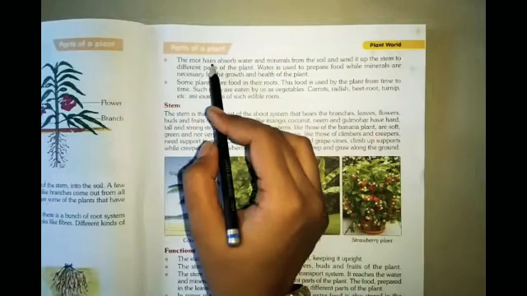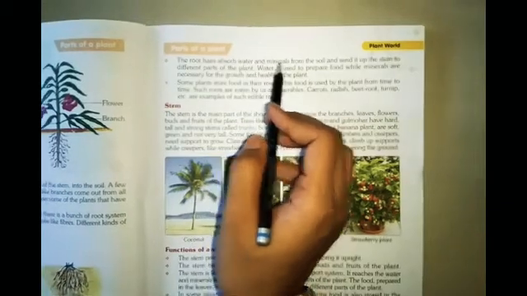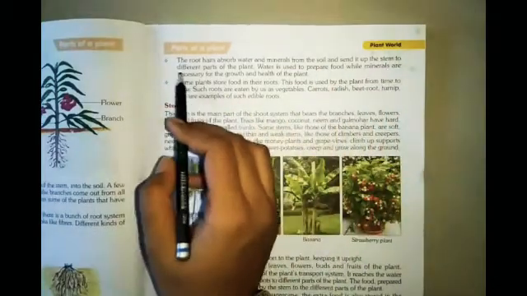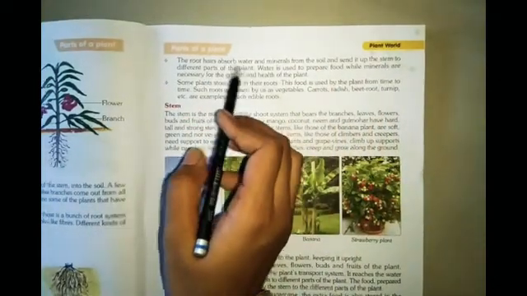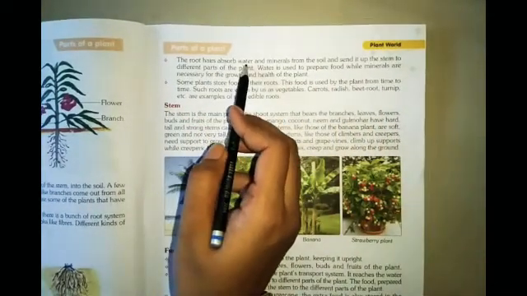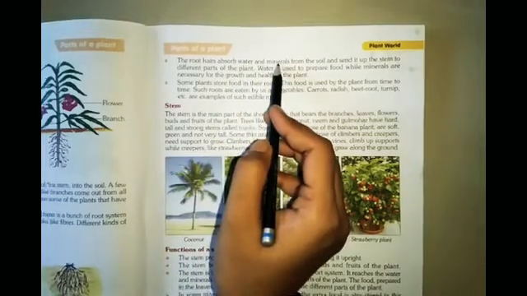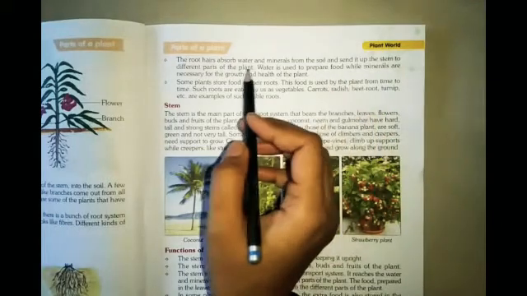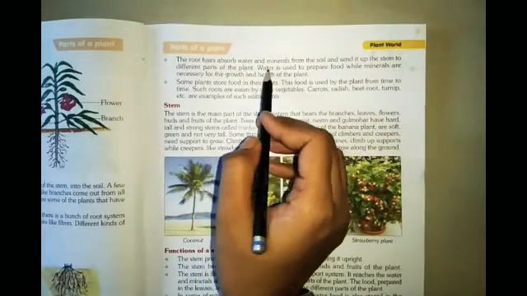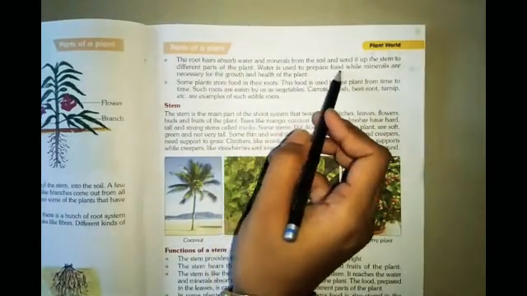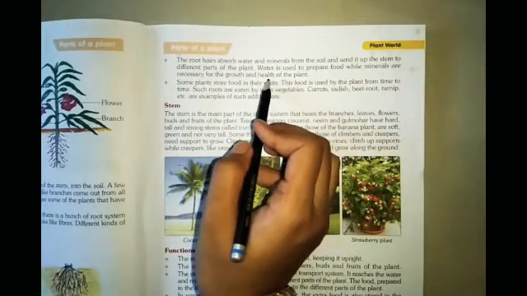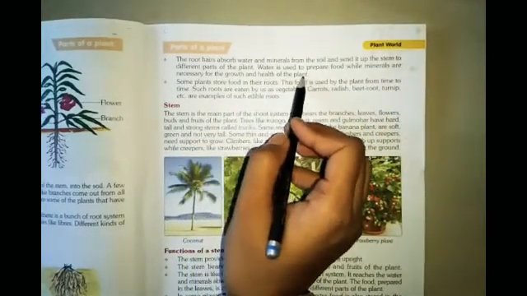The root hairs absorb water and minerals from the soil and send them up to the stem to different parts of a plant. The root drinks the water and minerals and sends them to the stem for the growth of the plant. Water is used to prepare food, while minerals are necessary for growth and health of the plant.